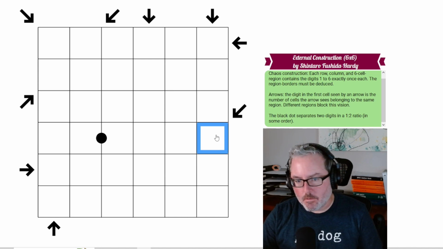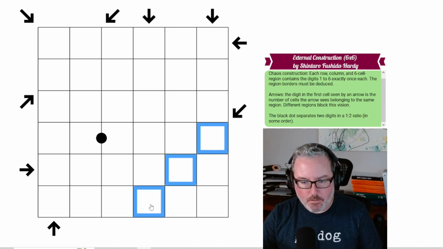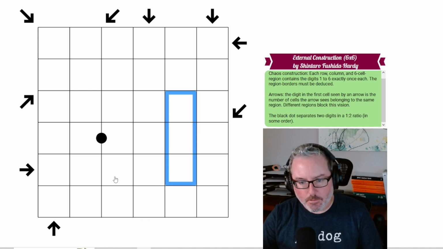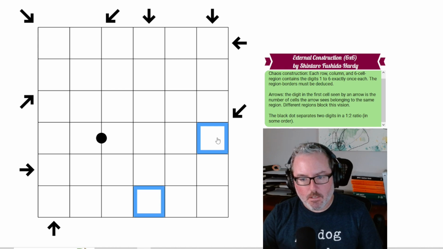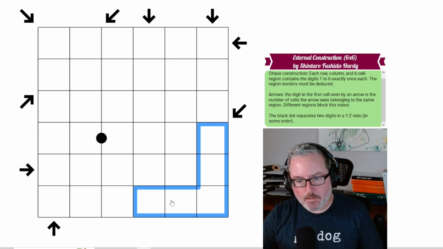So let's say if it was a 1, it doesn't mean that they can't be part of the region. It just means that the ones consecutively can't be part. There would have to be another region that steps in to block the view. So this could be a 1 and it could still do something like this.